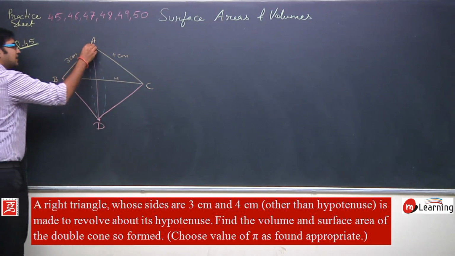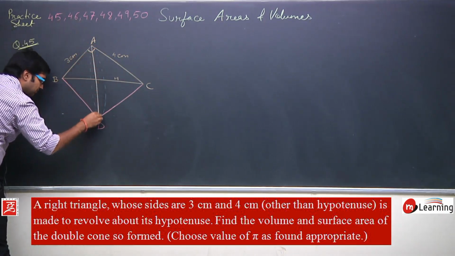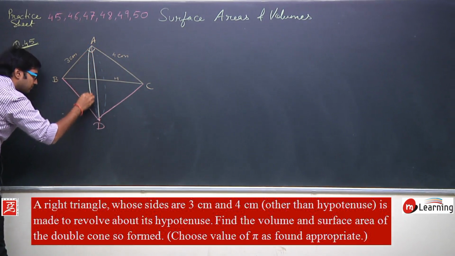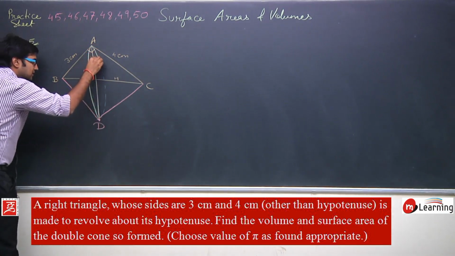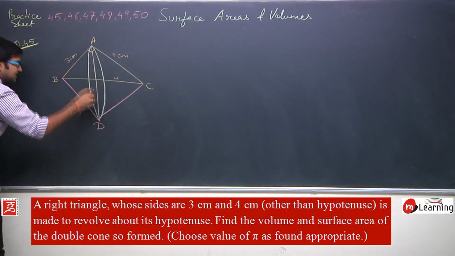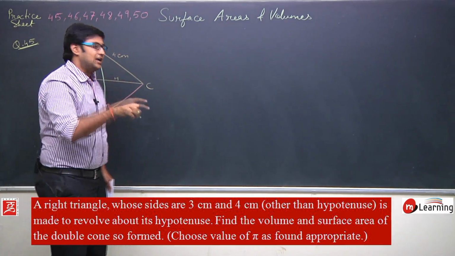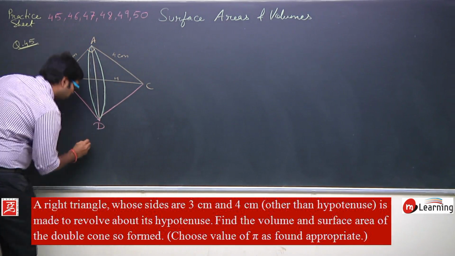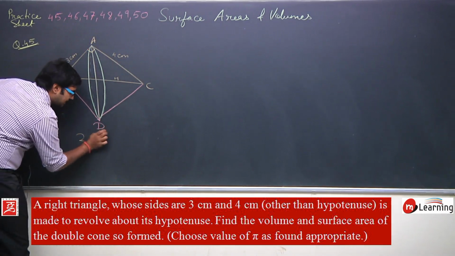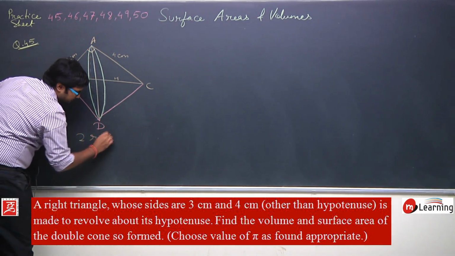If we analyze this figure, we can figure out that this figure has a circular base like this, and we have two right circular cones.